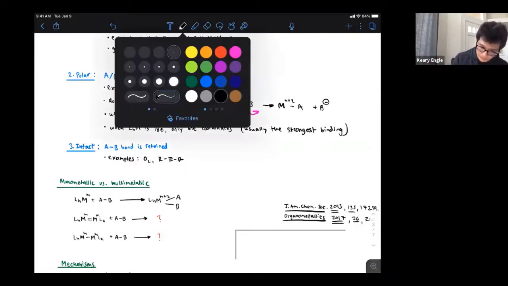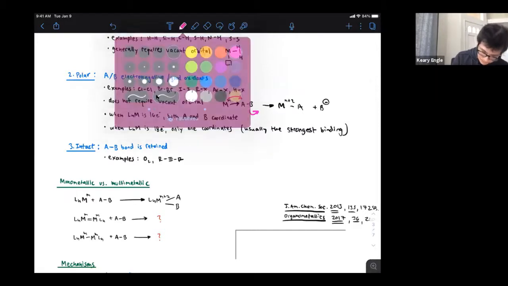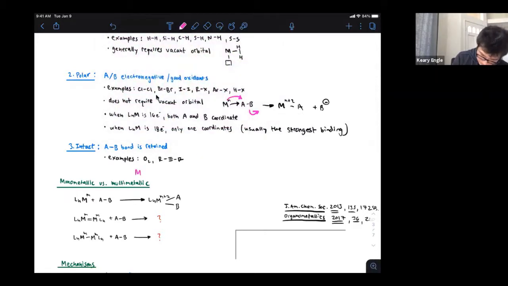So that looks like this, and then we saw a problem where we had reversible oxidative addition to an alkyne to make a metallocyclopropene.